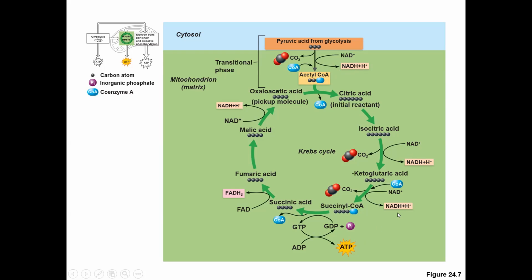Now, when we exercise and we're burning glucose, we generate more and more CO2. The Krebs cycle goes around faster and faster because the more glucose we burn, the more energy demands we have, and we release more CO2.